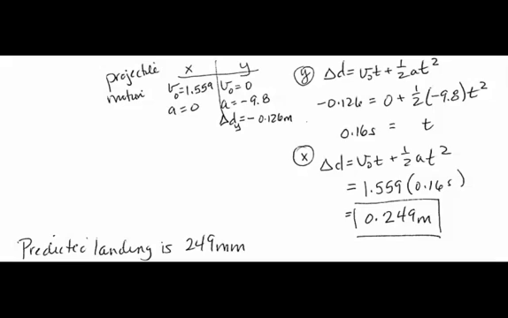When you do this math, you end up with a predicted landing location for the stream of about 249 millimeters or 250 millimeters. And remember from the video that the longest landing location, and that was for the largest diameter hole size, was about 230 millimeters.